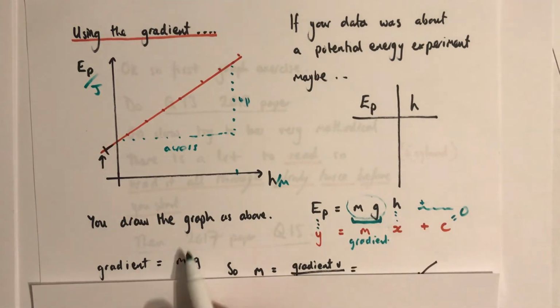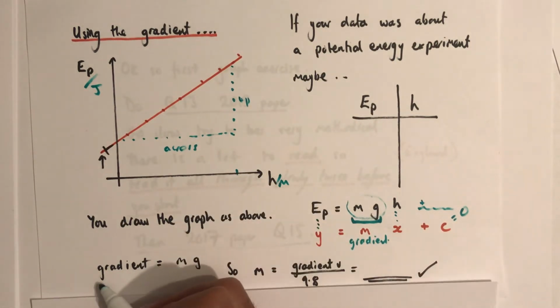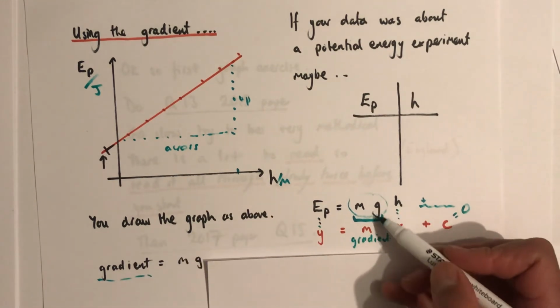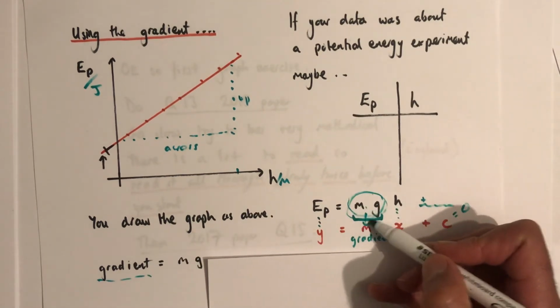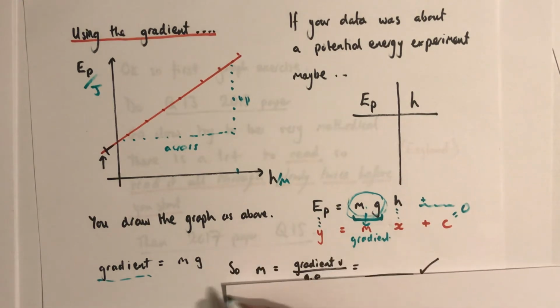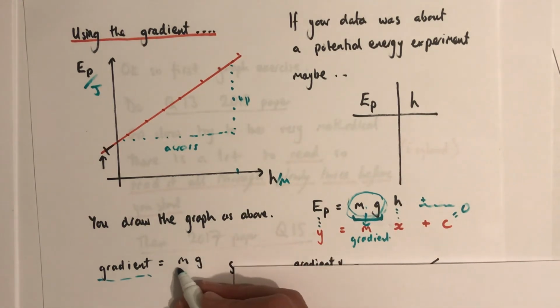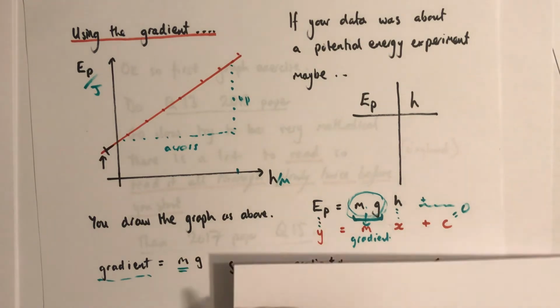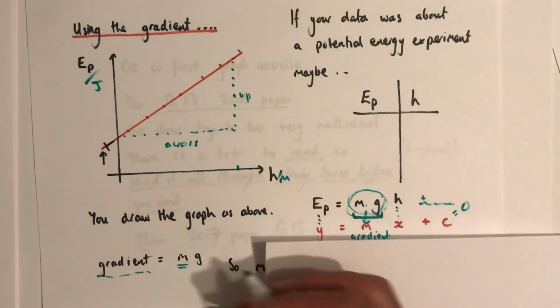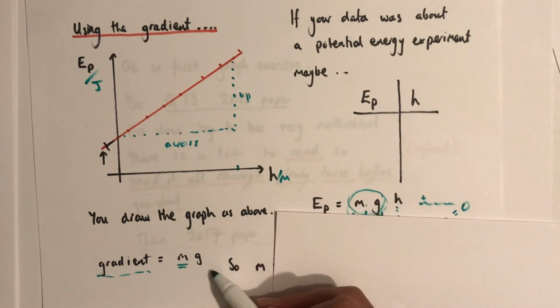So when I work out the gradient, I know that the whole gradient equals mg, because I've got that from my equation here. All of this becomes the m term in my y equals mx plus c. Having done that, if I wanted to find the mass used in this experiment, I wasn't given the mass, but assuming the experiment was done on Earth, I know the value of g.